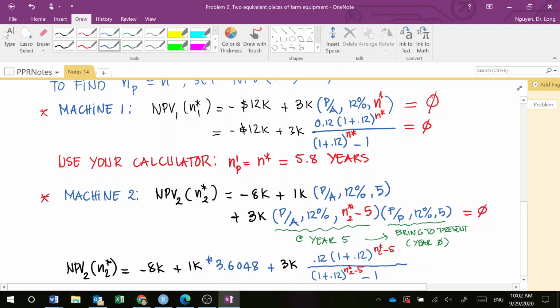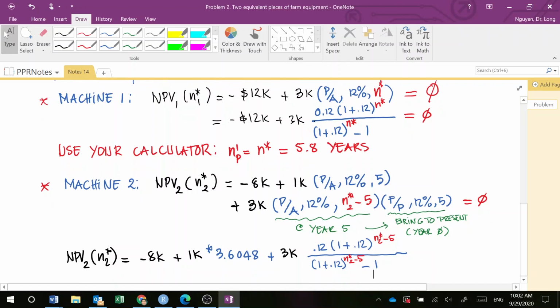So that is the first factor. And now P over F, 12%, 5. So given P, it should be opposite. We already know it, bring from year 5 to time 0. So it should be given F find P, not given P find F. Change that for me there. Given F find P, because year 5, that is future value. So F now, we want to bring to time 0.